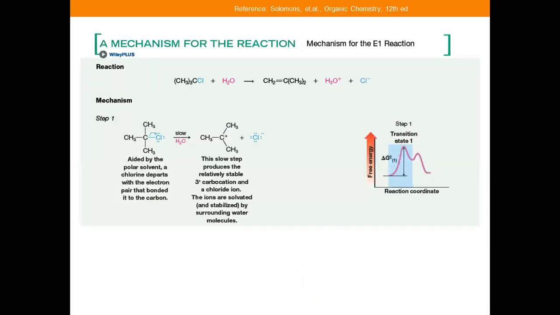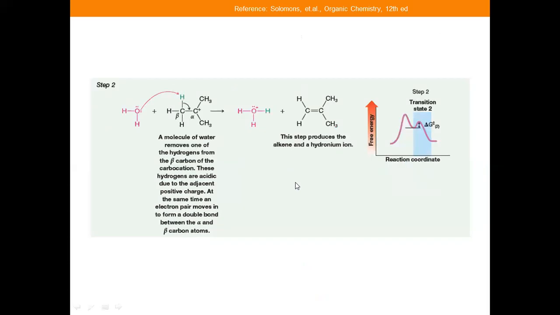Do not forget the mechanism of the reaction. The first step in the dehydrohalogenation is always the formation of the carbocation before the base abstracts the proton and you get your double bond.